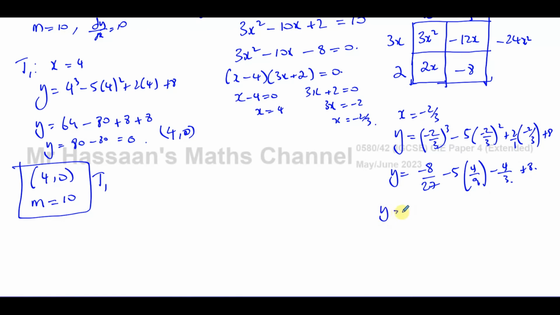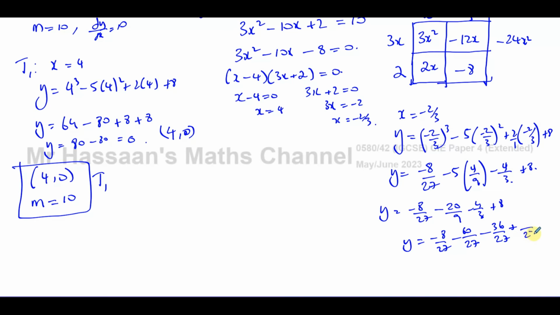So you have y equals minus 8 over 27, and we're going to have minus 20 over 9, minus 4 over 3 and plus 8. We could use a calculator, but let me make everything over 27. So minus 8 over 27 minus, if I put this over 27, multiply by 3, that'll be minus 60 over 27. If I put this over 27, 3 times 9 is 27, 4 times 9 is 36. And I'm going to have plus 8.